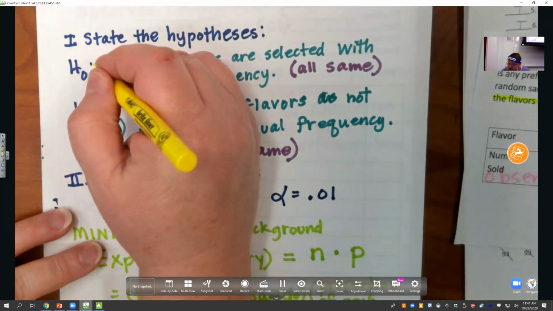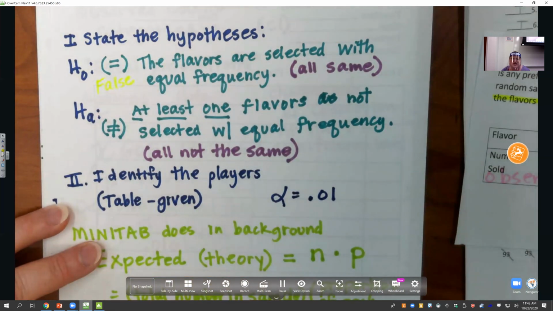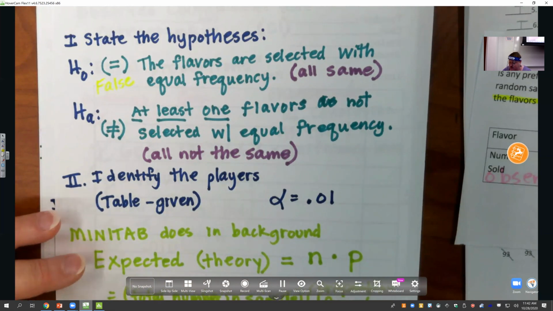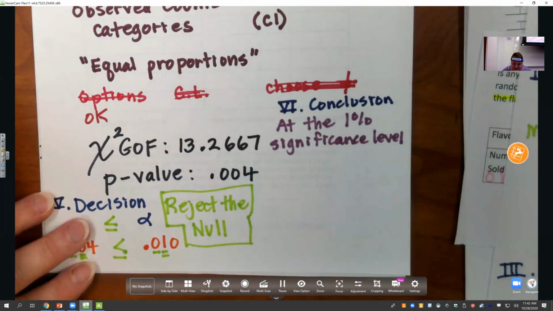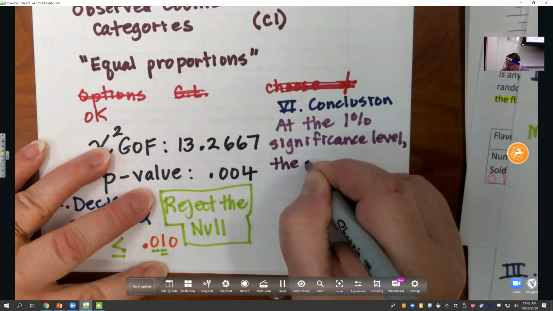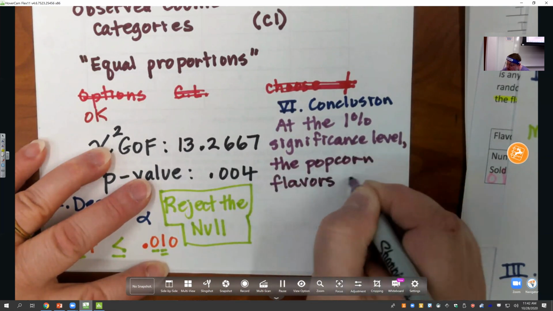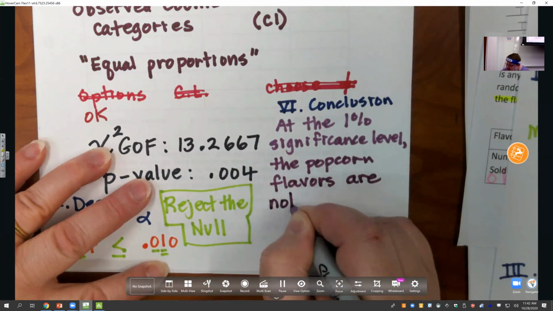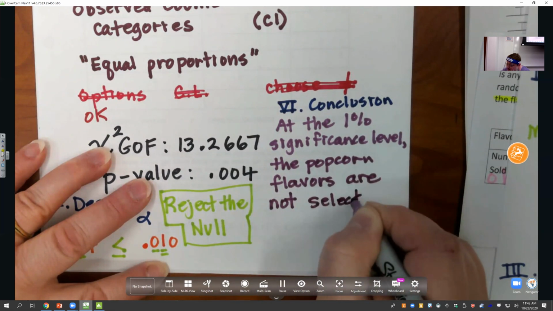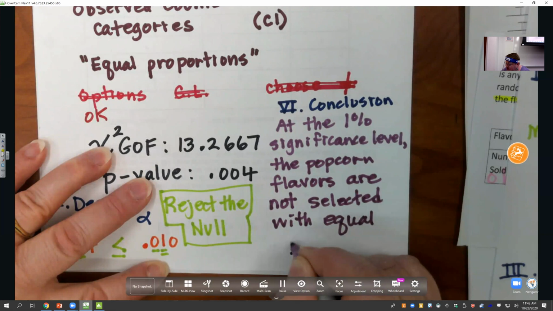If we reject the null, that means the null is false, which means the flavors are not selected with equal frequency. Okay, so I need to say that in my conclusion. So we would say at the 1% significance level, the popcorn flavors are not selected with equal frequency.